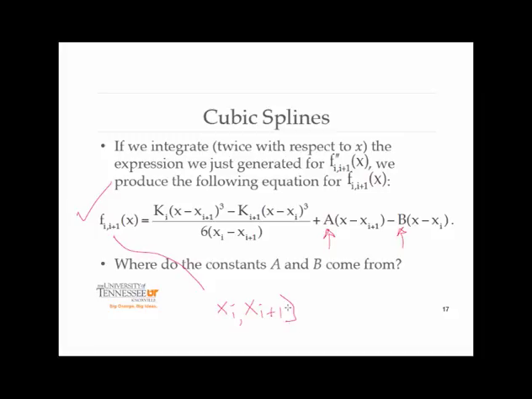It lives on this subinterval. This is the form it would take. All right. So we can now construct each cubic polynomial that defines the cubic spline. They are potentially different because they depend on the values of the subinterval itself and these curvatures.